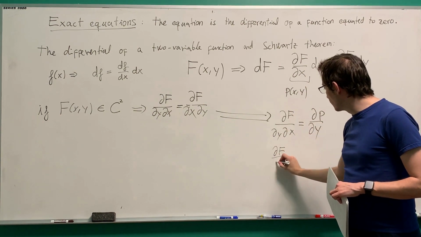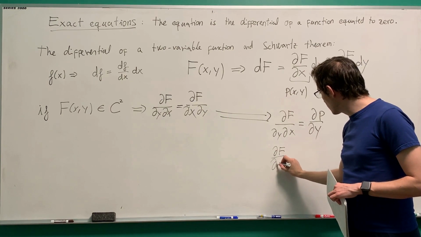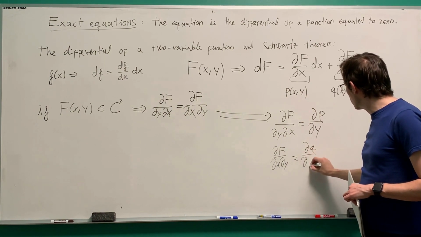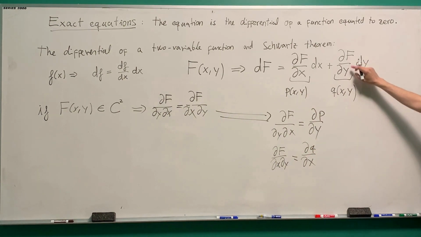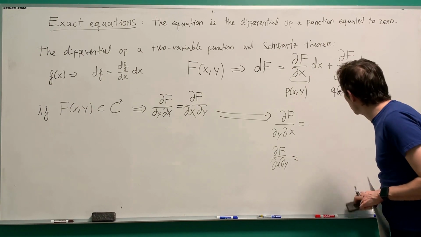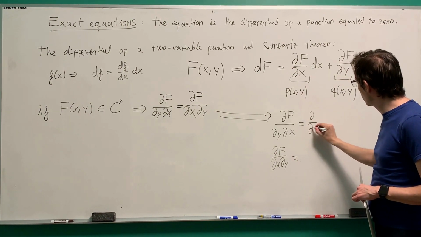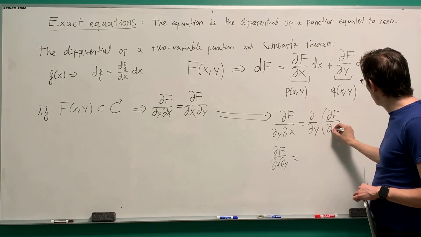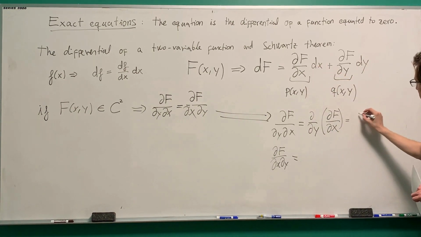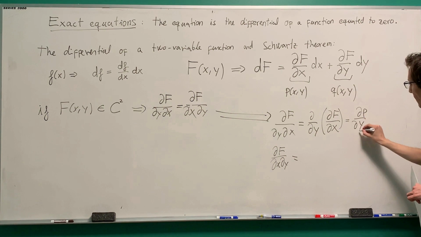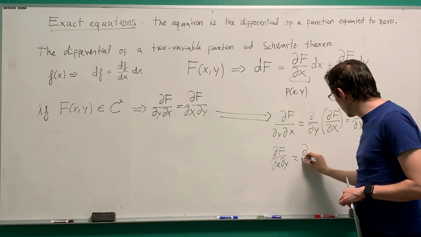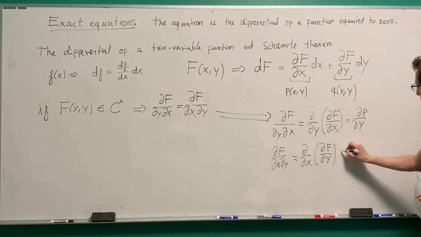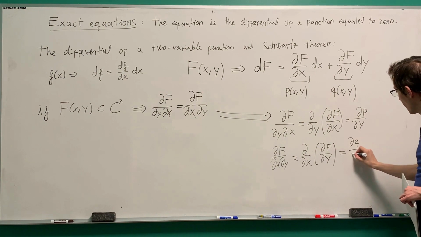And then the second derivative of f with respect to y first and then x is the derivative of q with respect to x, basically because q is the derivative. So maybe I can write one more step to make it clearer. This is the same as the partial derivative with respect to y of the partial derivative of f with respect to x, and that thing is what we call p. So this is the partial derivative of p with respect to y. And then this thing is the partial derivative with respect to x of the partial derivative of f with respect to y, which is what we call q. So this is the partial derivative of q with respect to x.